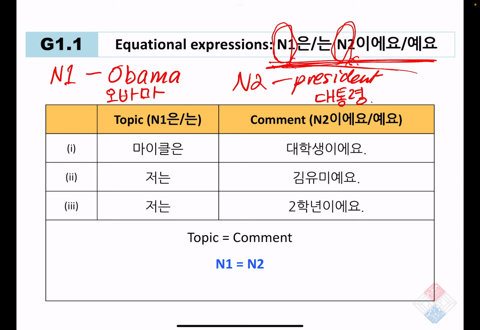President is 대통령 in Korean. What expression are you going to create? 오바마, so it ends in a vowel. So you're going to say 오바마는. And then you're going to give noun 2, 대통령.